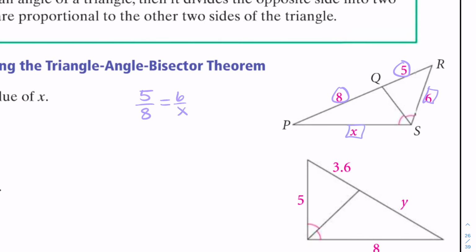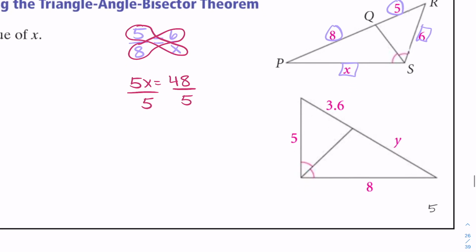So you notice what I'm doing? I'm going from the right to the left to the right to the left. And I'm going to find the cross products. So 5x equals 6 times 8, which is 48, divided by 5. I'm going to get x equals 9.6. 48 divided by 5 is 9.6.